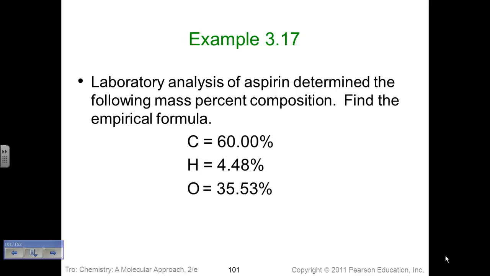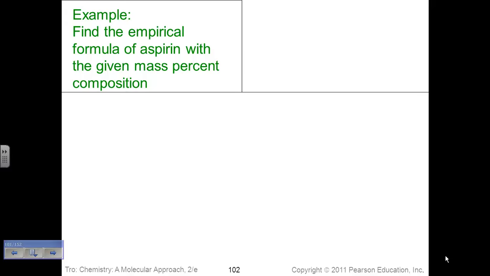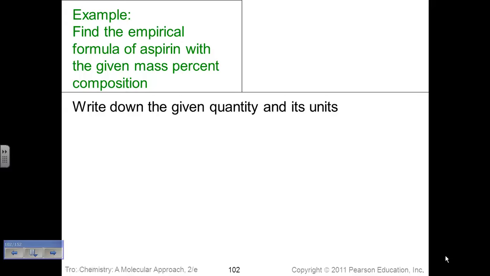That's the easiest, because in 100 grams, we now know how many grams of each element we have. So working through to find the empirical formula given mass percentage: assume a 100-gram sample and write down for each element how many grams we have.